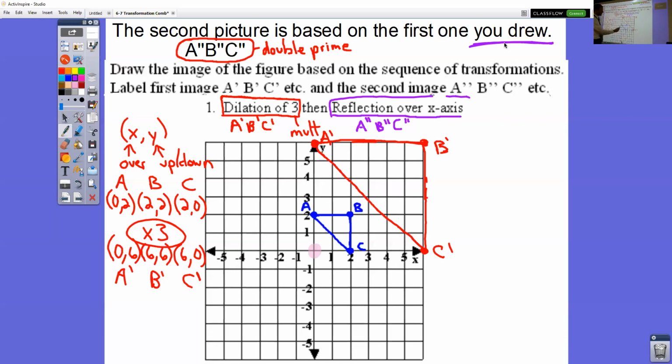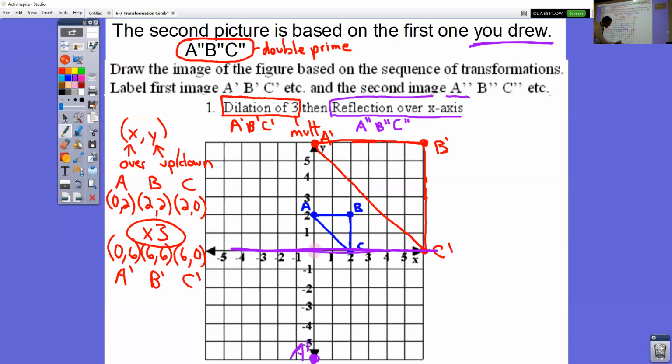So we're going to do a reflection over the x-axis. Now, with a reflection over the x-axis, here's my x-axis. I need to count how many places to that purple line and then count the same number away. So starting at A prime is 1, 2, 3, 4, 5, 6 places to that purple line. 1, 2, 3, 4, 5, 6 places away.